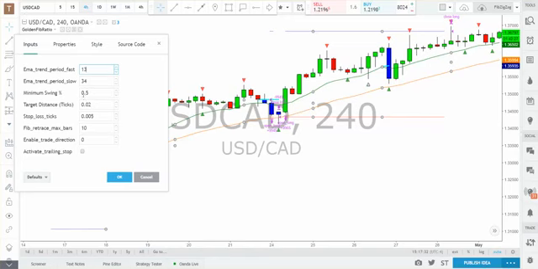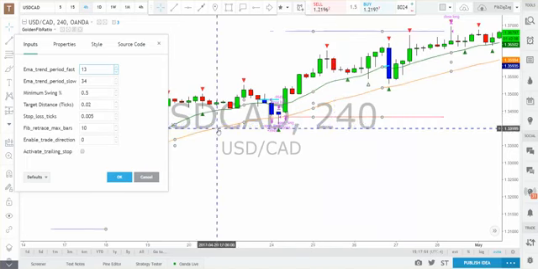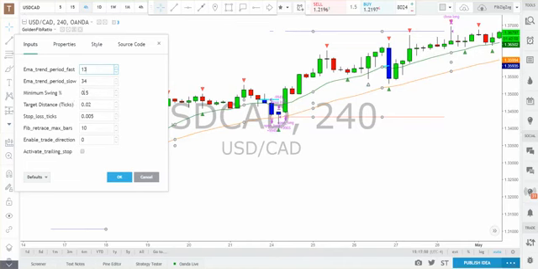What this does is it limits the swing from which the fib retracement is based on to be at the very least a certain percentage. In this case, it's set to 0.5 for the 4-hour chart on a US dollar Canadian pair. This is going to change. If you're trading the 5-minute chart, this will not work.